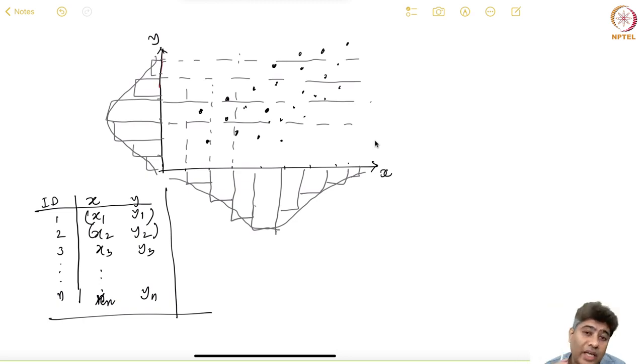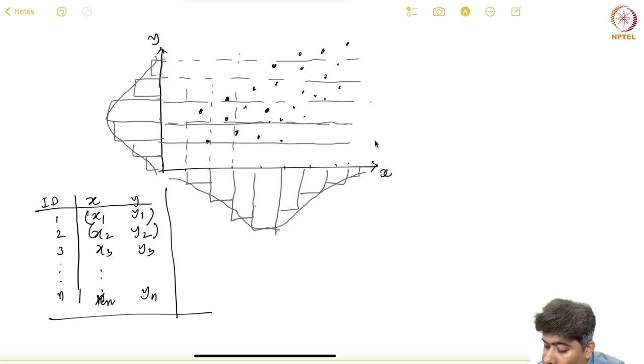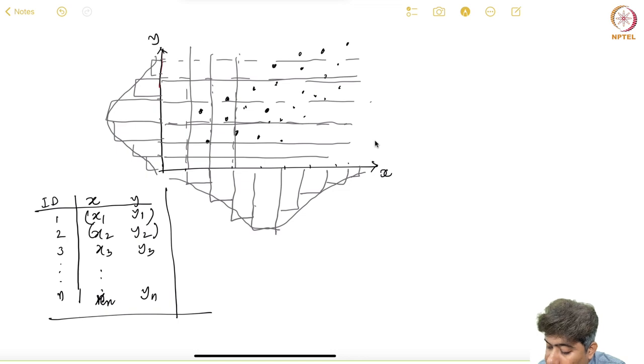Now the question is, what is the joint distribution of x and y? How do x and y behave together? We can create a bunch of joint bins, and these joint bins are no longer bins, they are almost like boxes.